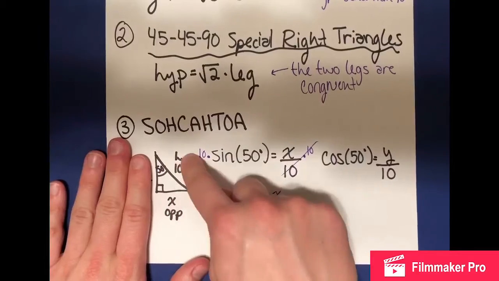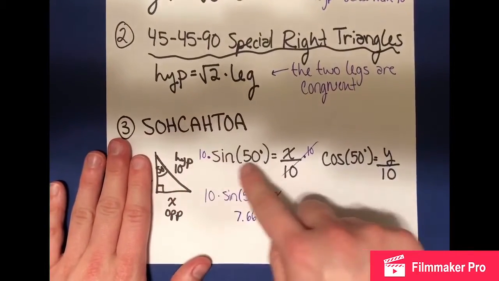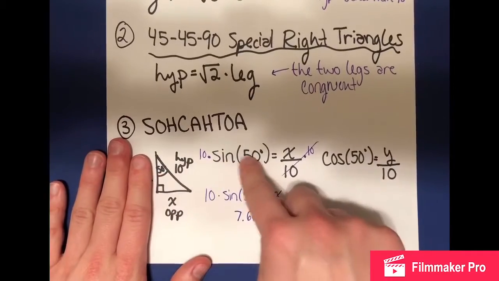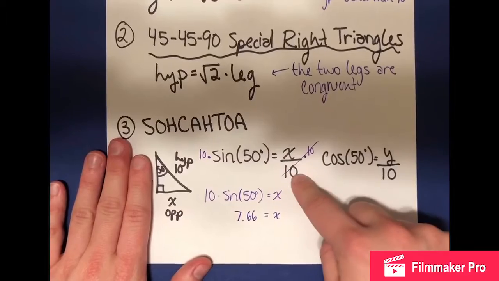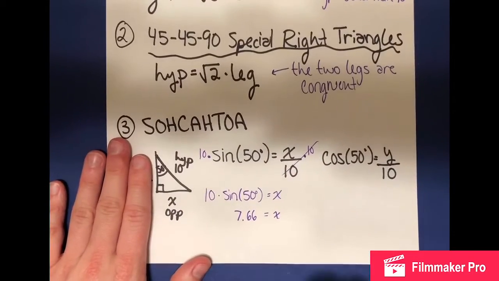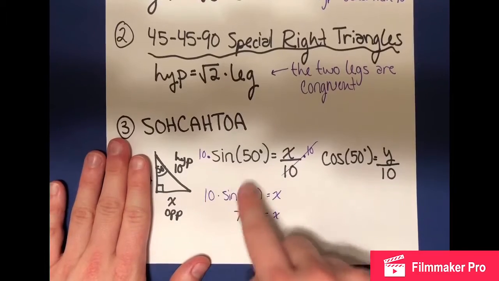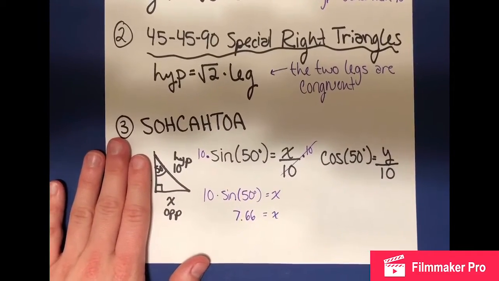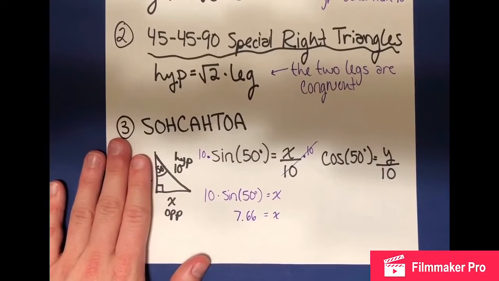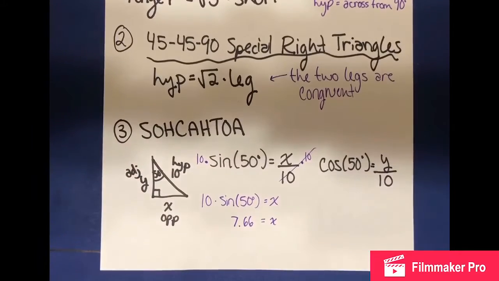So I'd say, okay, opposite hypotenuse, that's SOH. So it's sine of the degree, 50 equals O over H, so it's x over 10. At that point, how do you solve it? Well, I'd multiply each side by 10, and I'd get 10 times the sine of 50 equals x.